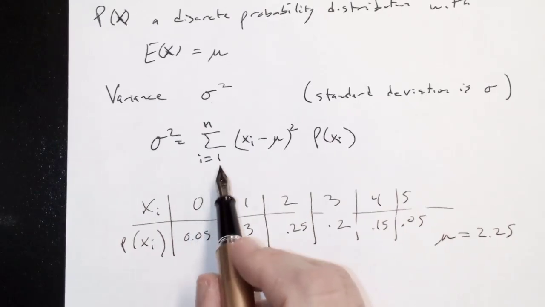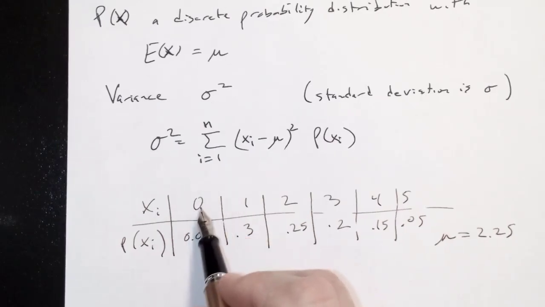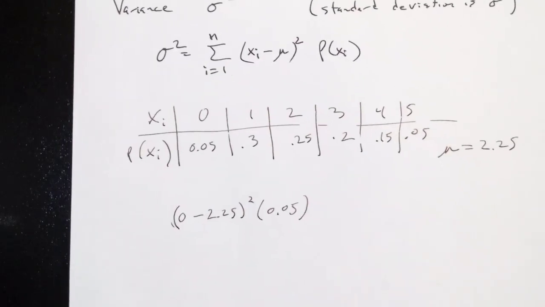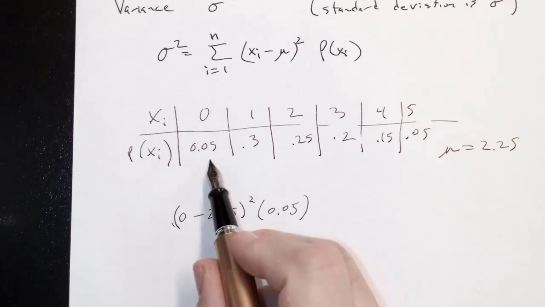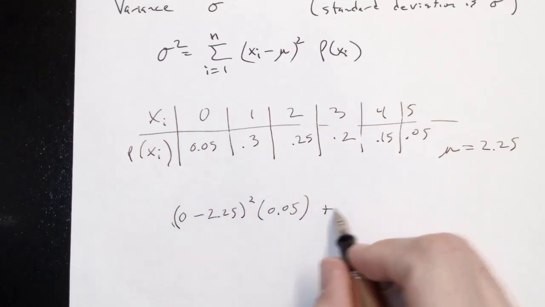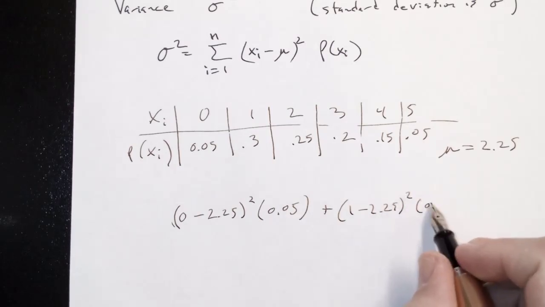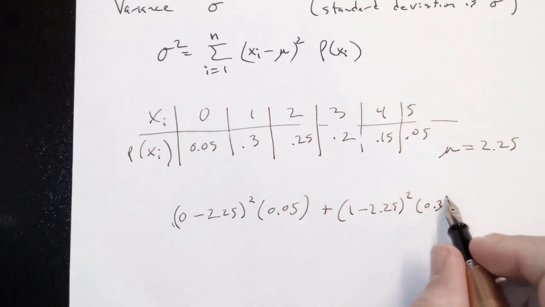So when I start at x1, 0, I have 0 minus 2.25 squared times the probability of that happening. That's for this number. And then I do this number. 1 minus 2.25 quantity squared times 0.3.